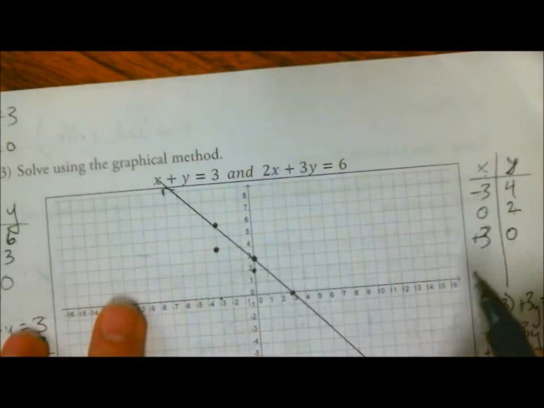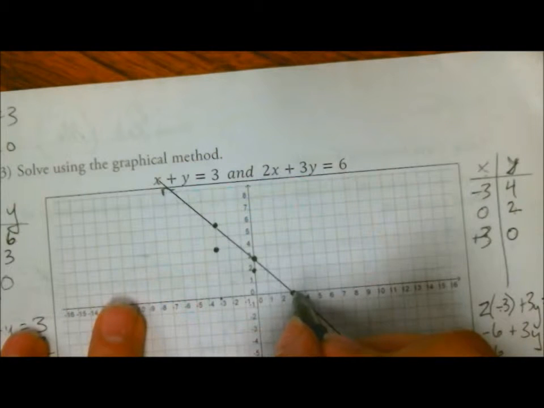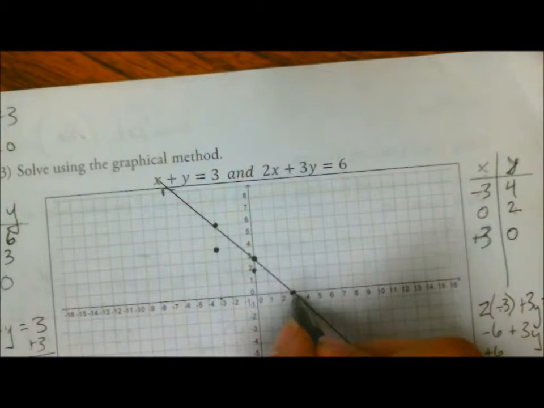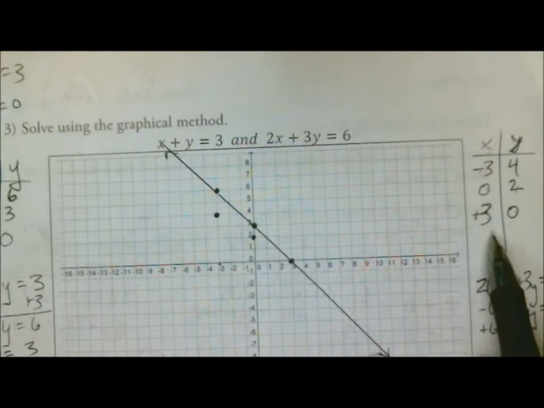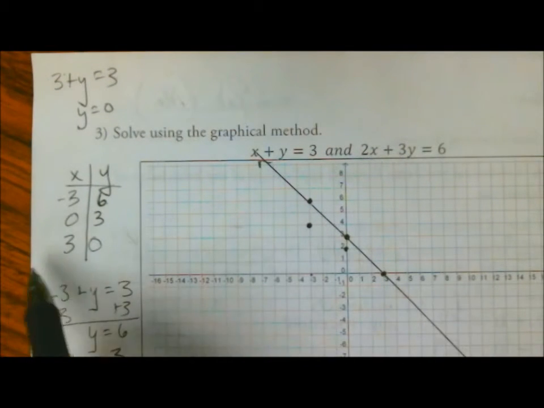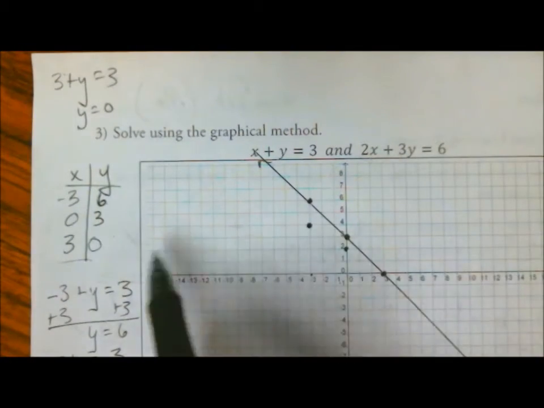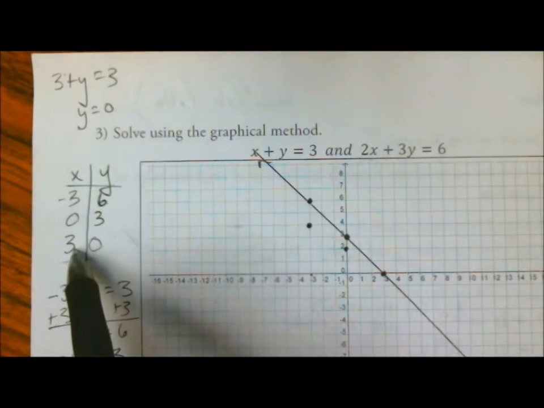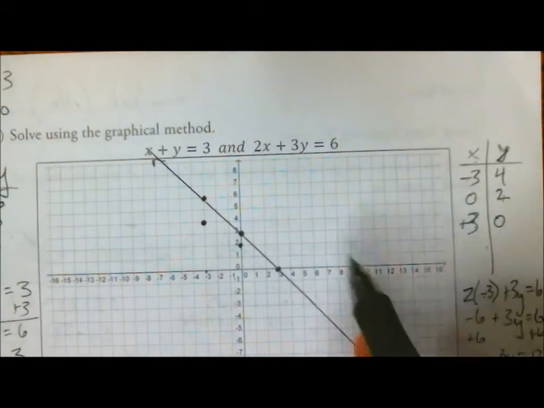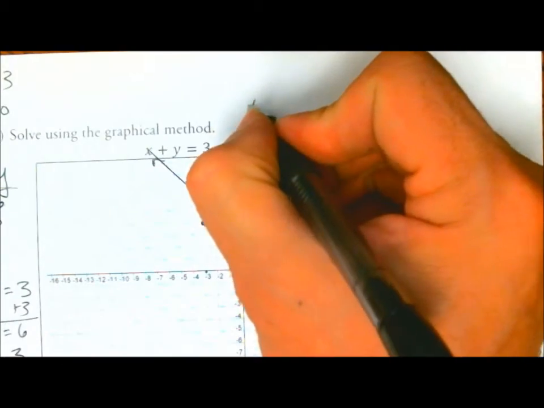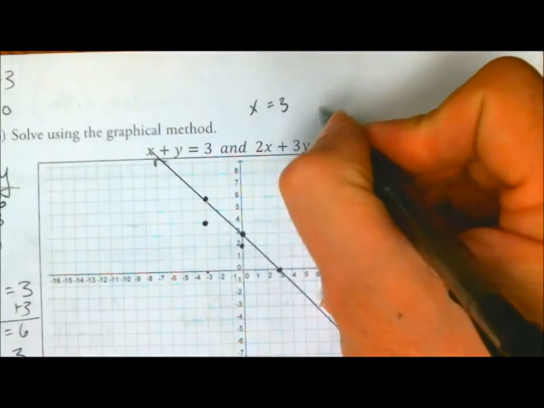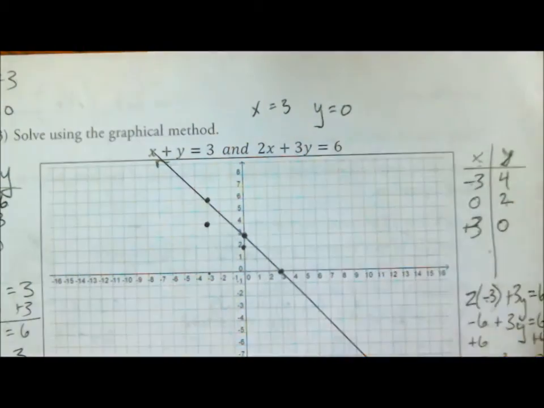And 3, 0 gives me, oh, look at that. It gives me the same exact point. In fact, you'll notice 3, 0 on this side and 3, 0 on this side. Without even graphing it, I can see that this is the same as this. So my solution is x equals 3 and y equals 0.